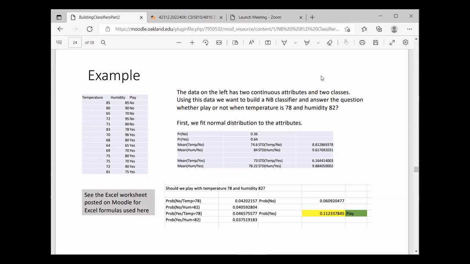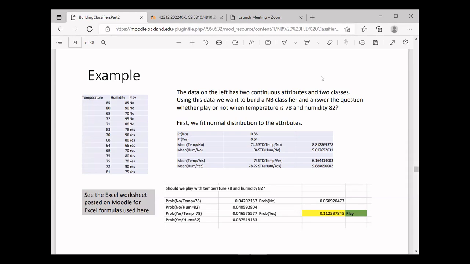So what we can do is we can plug in these numbers in our Bayes formula and get the posterior probability. All right. So if we plug in these numbers, ultimately the number that is highlighted in the yellow box basically is a higher number, and that corresponds to play. All right. So we say, all right, we go and play.